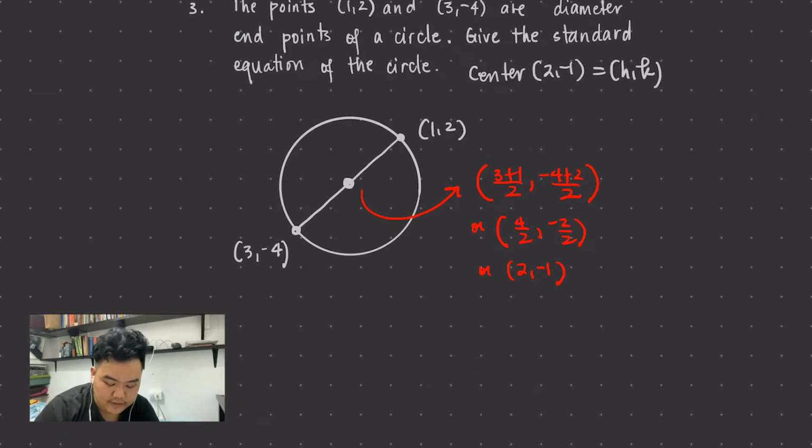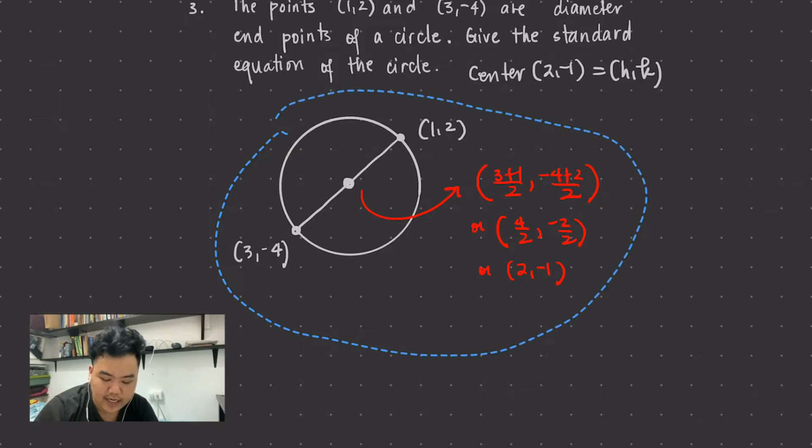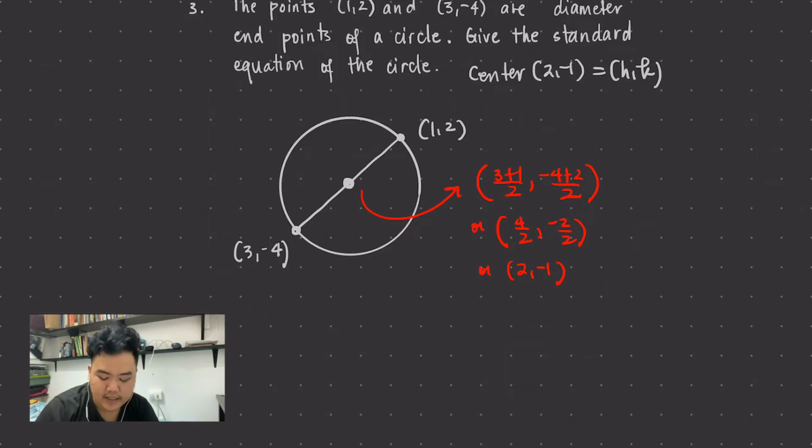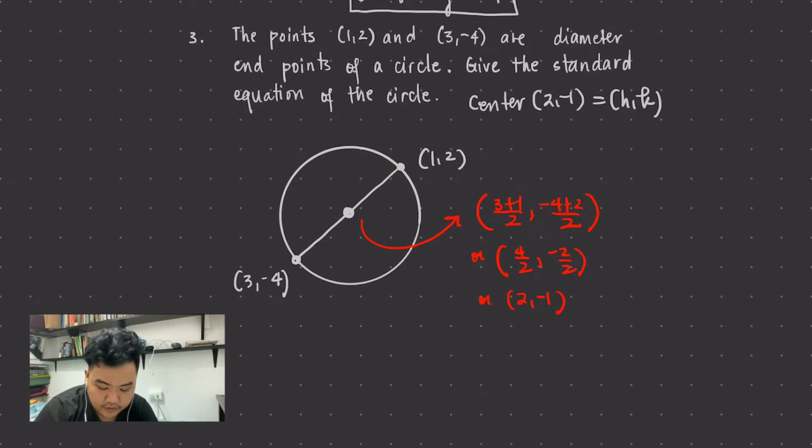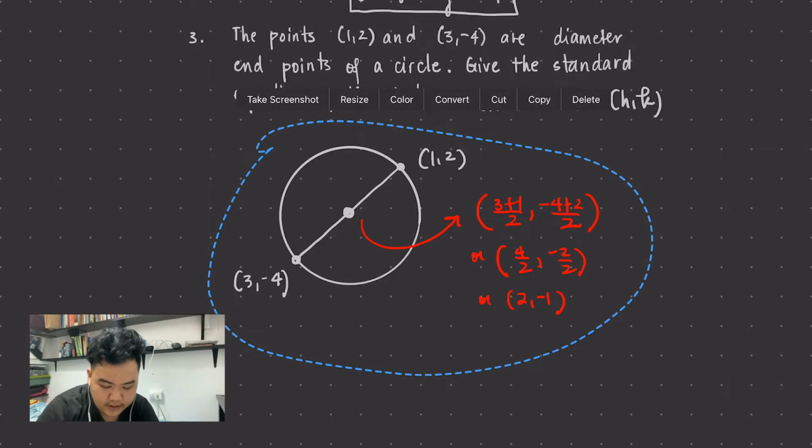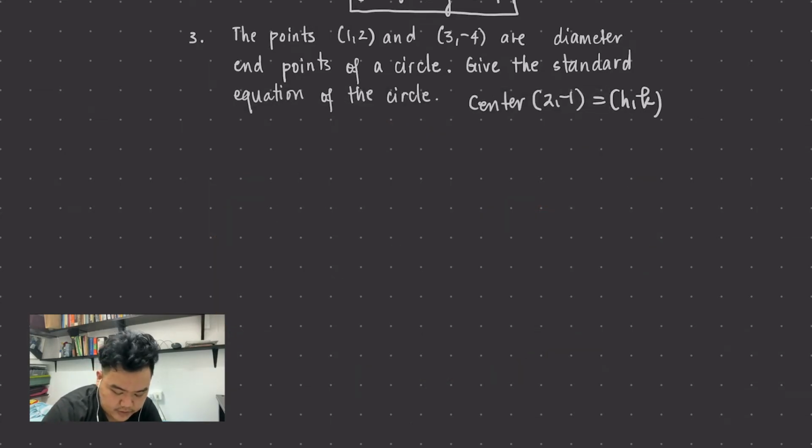You can actually find the radius by finding the distance between the midpoint and a point on the circle, but I usually use the standard equation to find the radius. The standard equation is (x minus h) squared plus (y minus k) squared equals r squared.